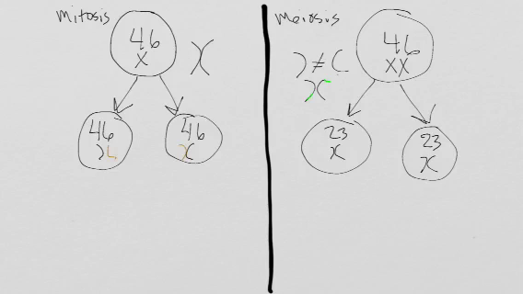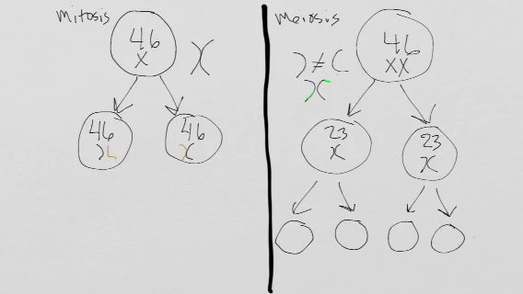So we get another round of cellular division by each of these parent cells, and we get smaller cells, and this is going to give us 23 half of the X, 23 other half of the X, 23 half of the X, and 23 other half of the X.